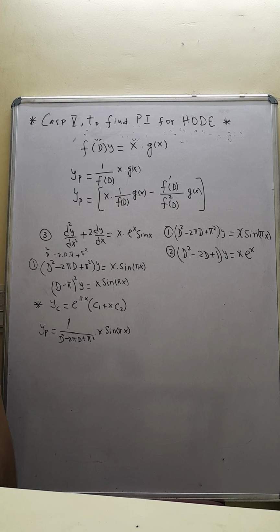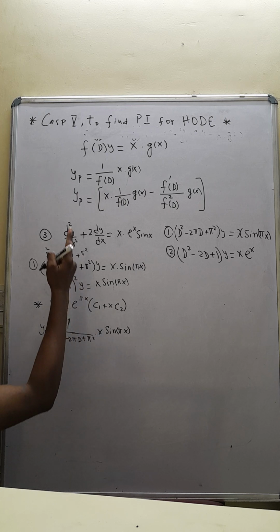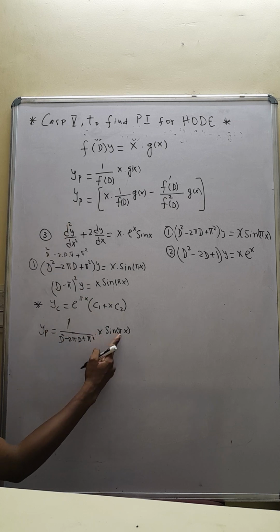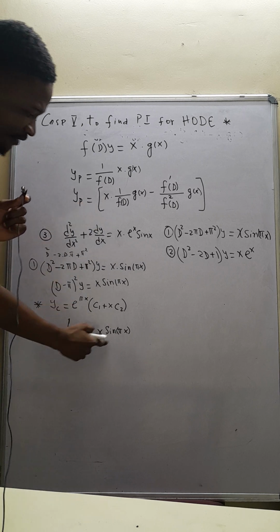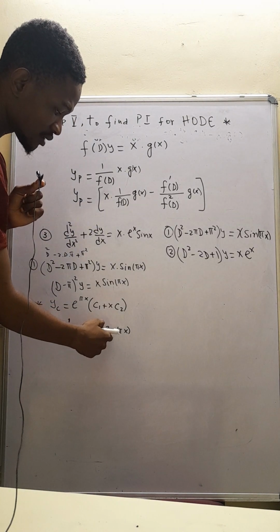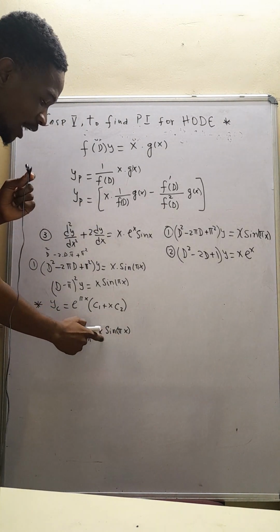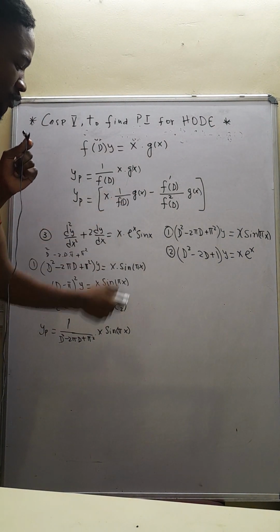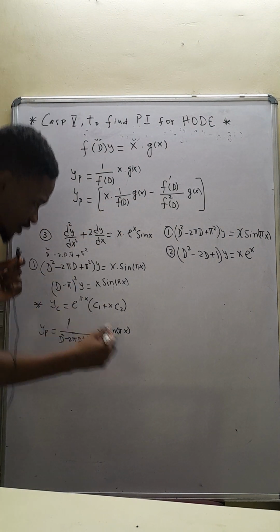Okay. Now see here, you have to apply this formula, because here you have x, then you have g of x. So whatever is happening with x will happen with x here. Whatever is happening with this sine function that is multiplying x will also be happening with g of x. Just substitute.